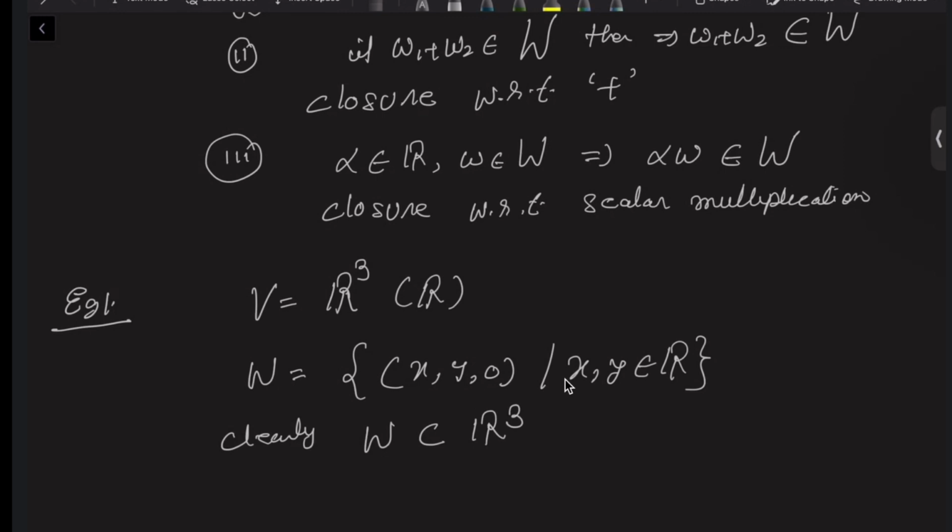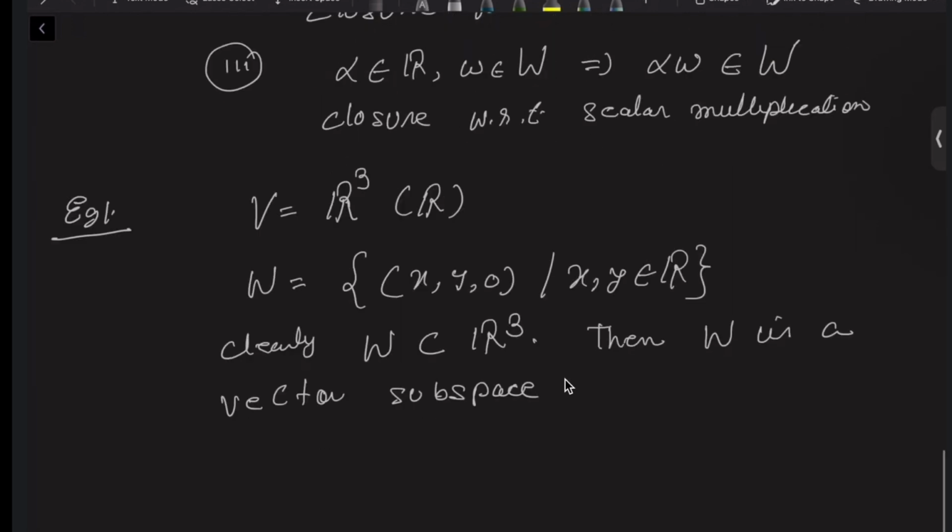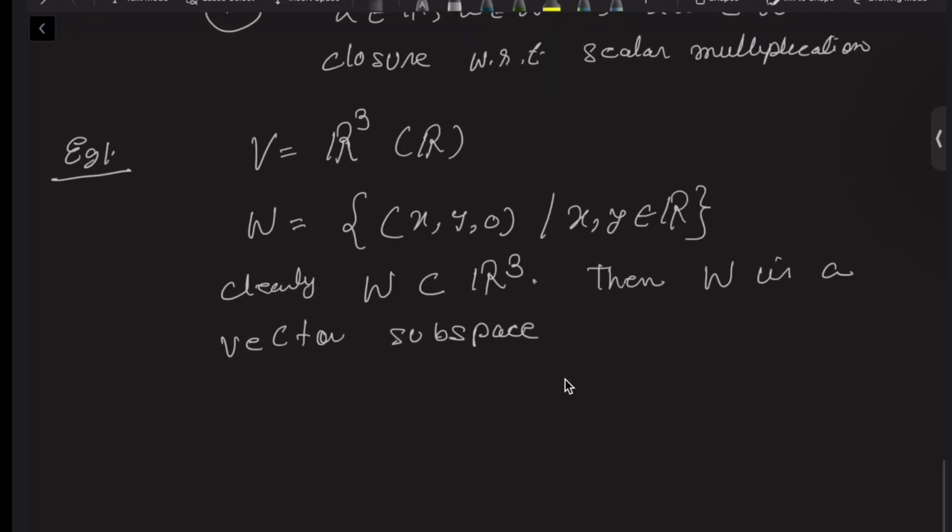Clearly all the elements of W are in R3. Then, is this W a vector subspace? So this is a question: is W a vector subspace of R3 or not?